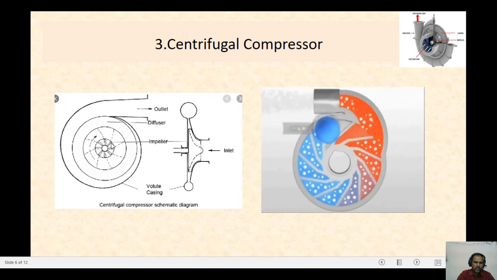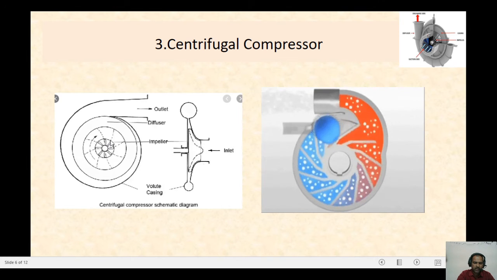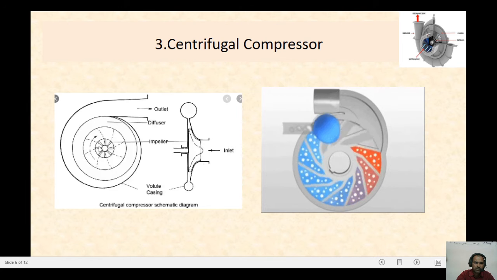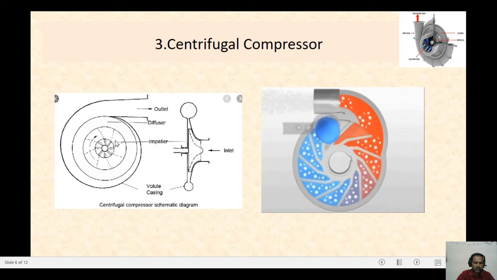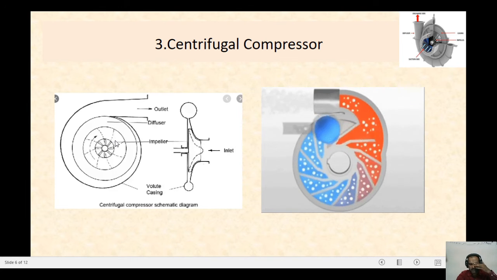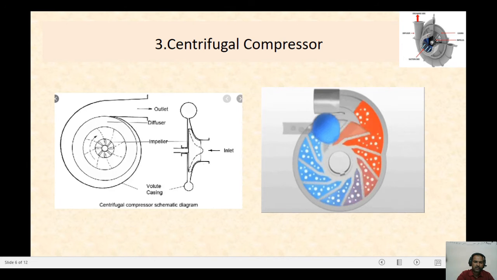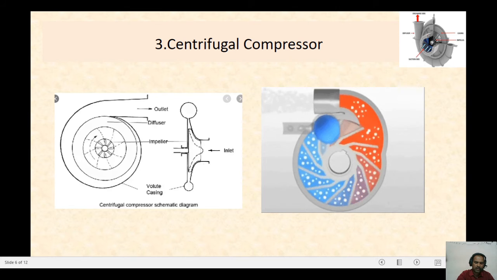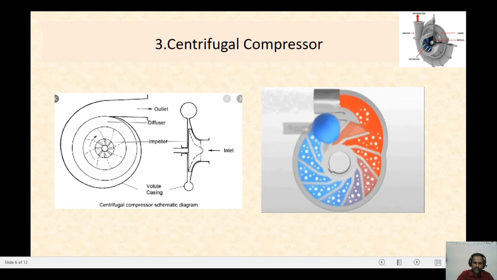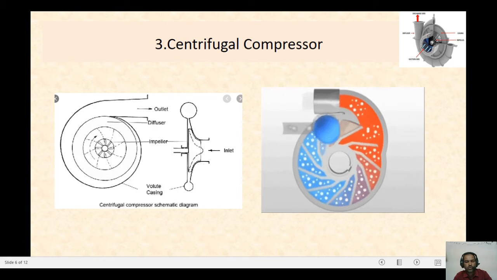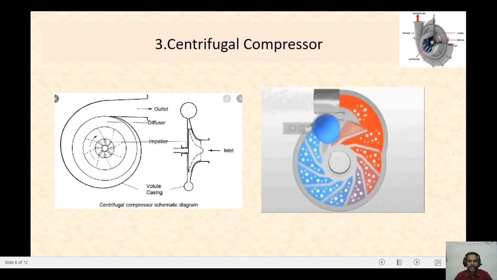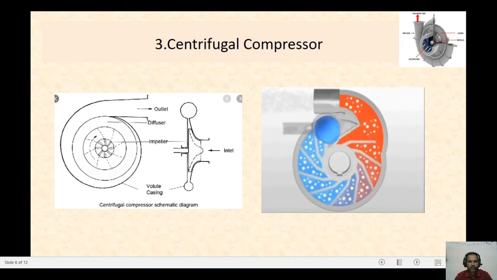Due to the centrifugal action of the impeller, what happens? The air enters into a diffuser. The high speed of the impeller results in a rise in the velocity of the air with the help of kinetic energy, and now this air is released from the impeller and enters into the diffuser. Got it?